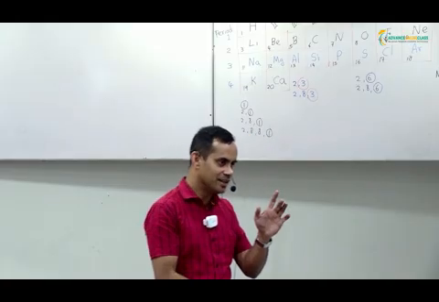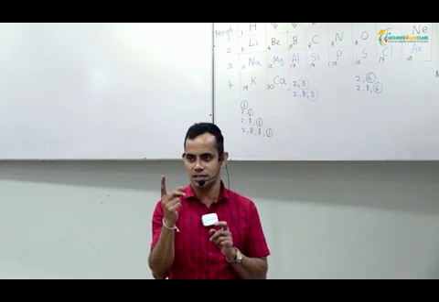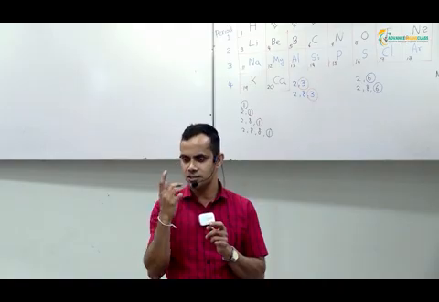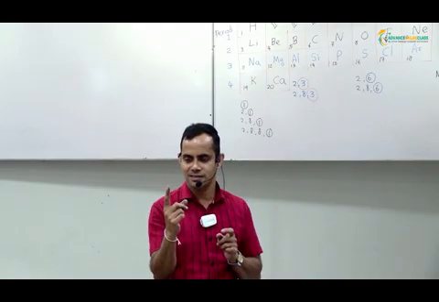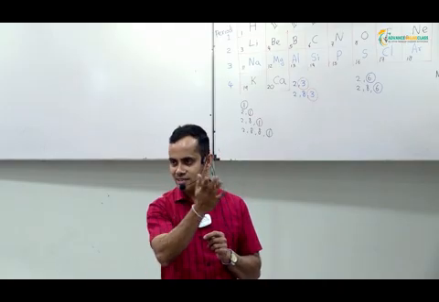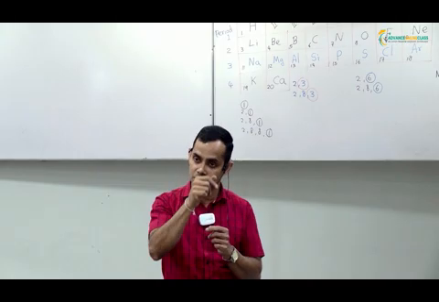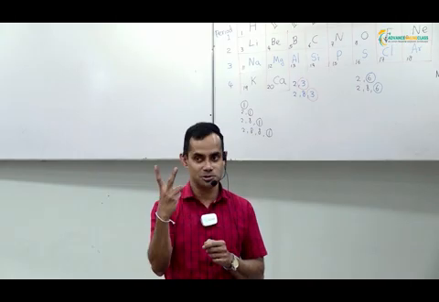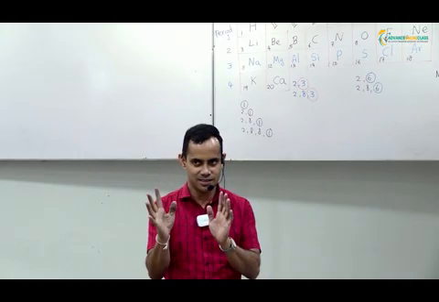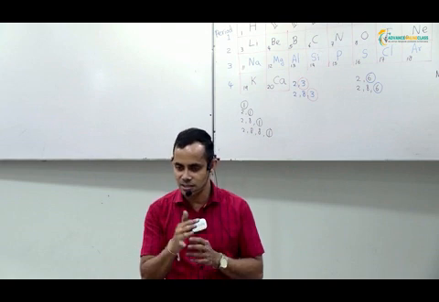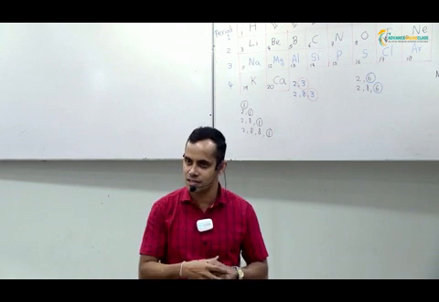So you can understand, there are two elements in this world with one shell. What are they? Hydrogen and helium. Can't we put carbon there? Carbon has two shells, so no. Got it? Now, what is the factor considered? The number of shells (energy levels) present in the atom.